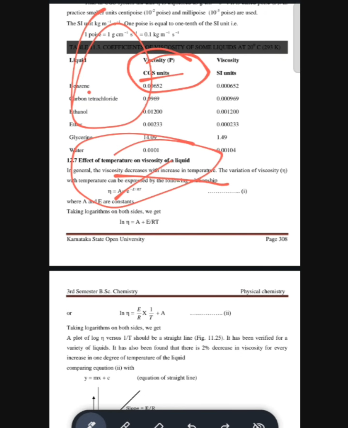Taking log on both sides, ln of eta is equal to E by R into 1 by T plus ln A.